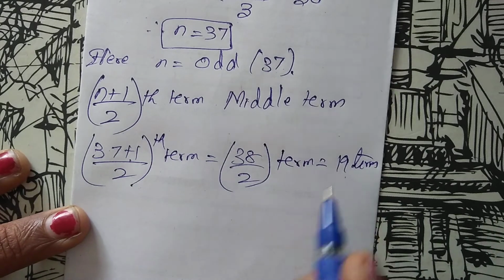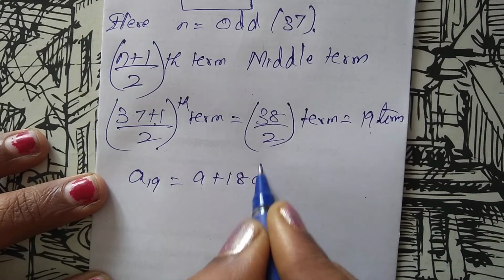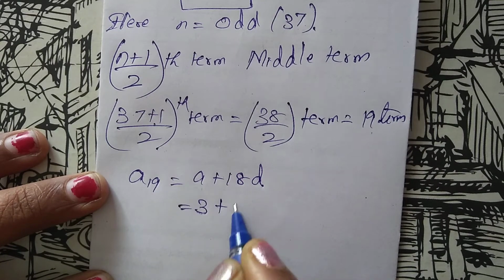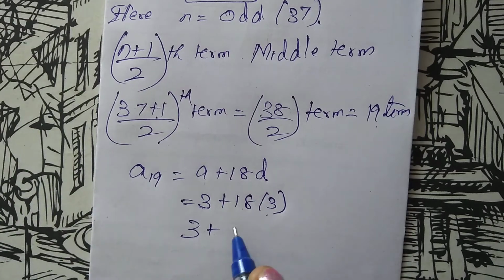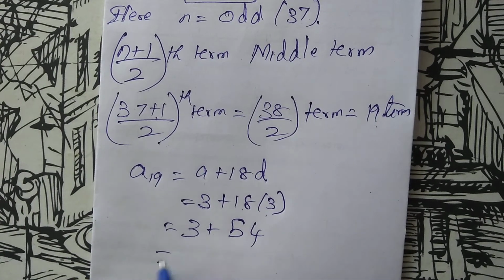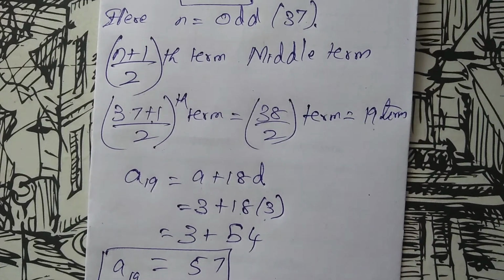So I should find what is A19. A plus 18D. A is 3, 18 into 3. 3 plus 18 threes are 54, which is 57. So here the middle term is 57.